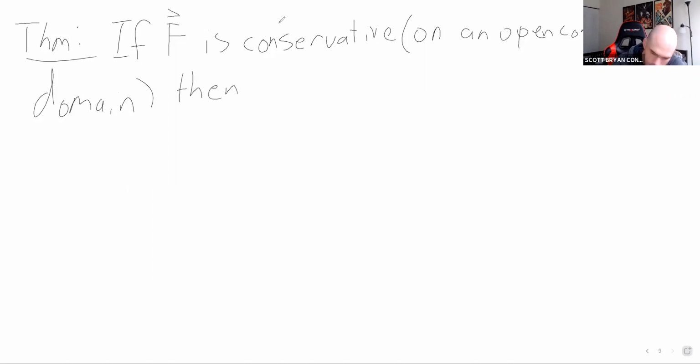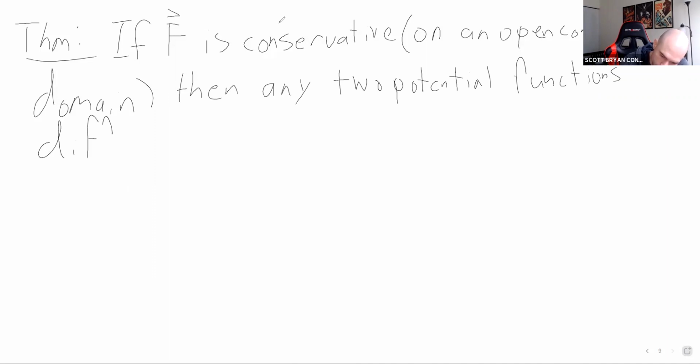So in other words, any 2 potential functions differ by a constant. So basically your potential function is unique up to adding a constant to it, just like normal antiderivatives.